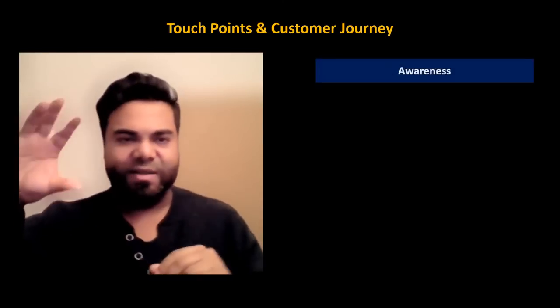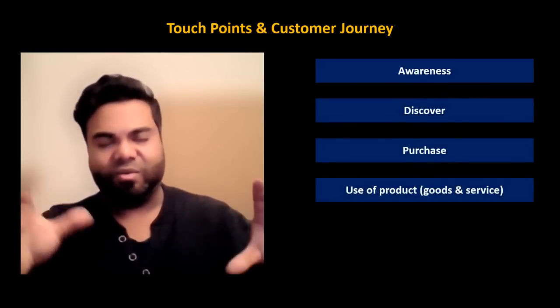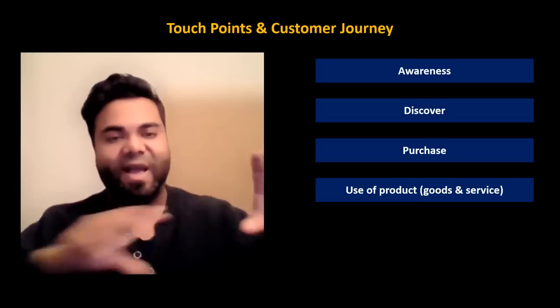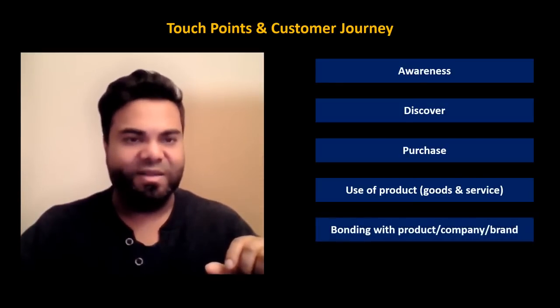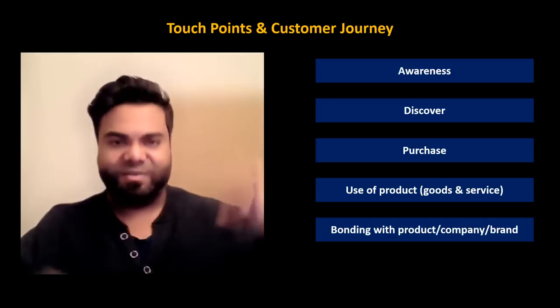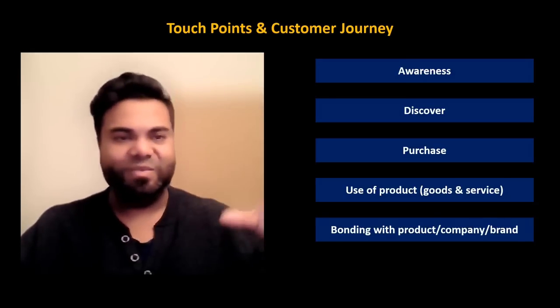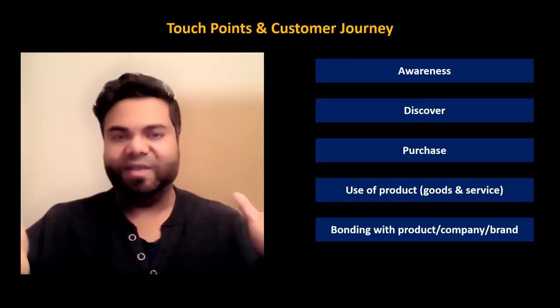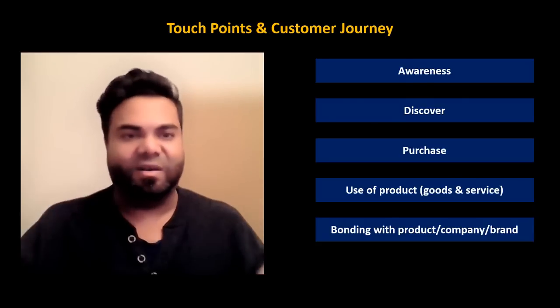Awareness, discovery, purchase, use of product, which includes goods and services, and bonding with a product, company or brand. These are the different stages a customer goes through. Awareness is step number one. It is when they go, oh okay, this particular need has come up, I need this particular item.